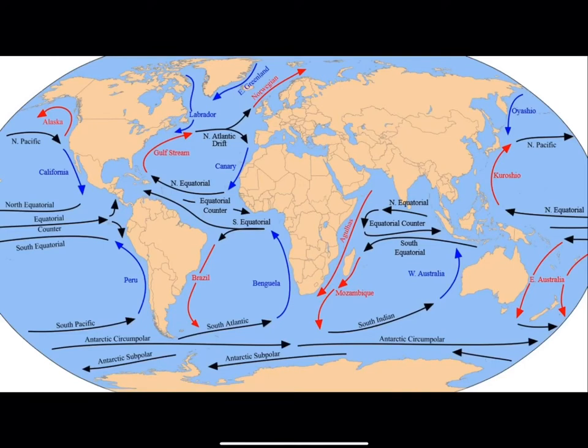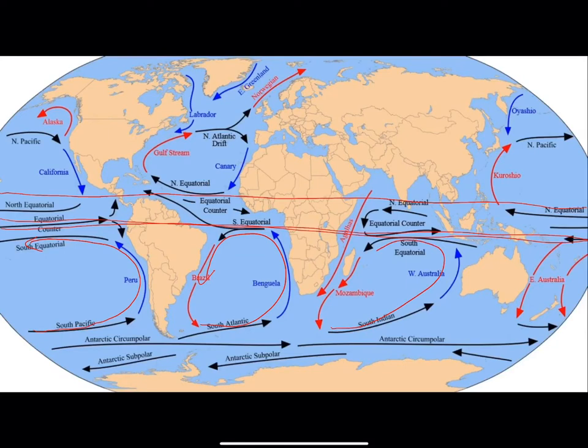Okay, and here is an example of the currents that are found in the world. Notice here we have the southern hemisphere. The equator is like right here. So everything under that line is the southern hemisphere, and as you can see, all of the currents to the south follow a counterclockwise pattern.